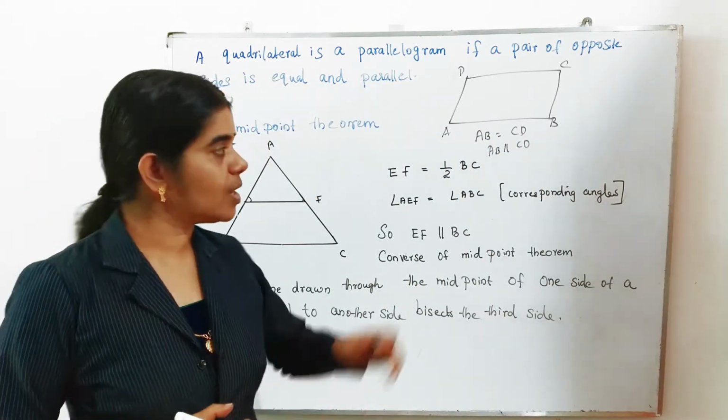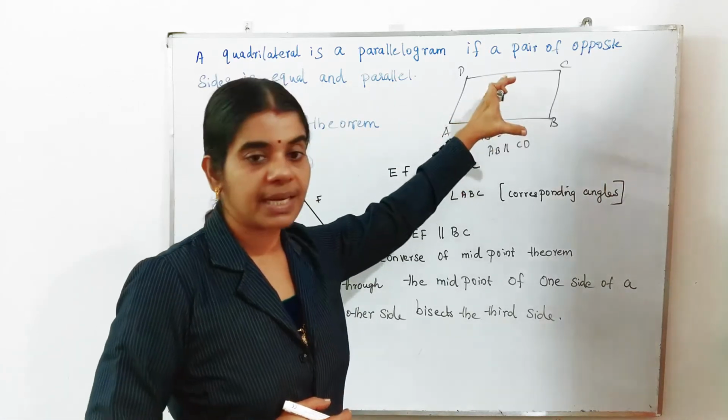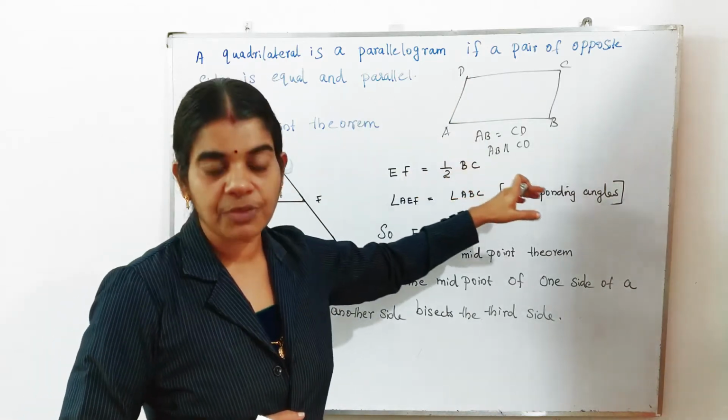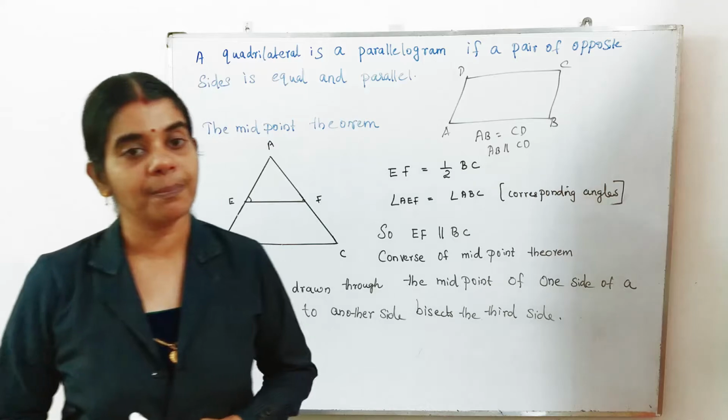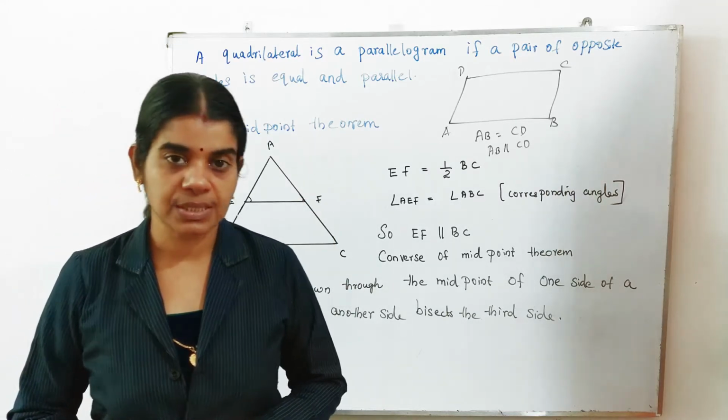If one pair of opposite sides, AB and CD, are equal and parallel, that also will be a parallelogram. Using that property we want to do some exercise questions.